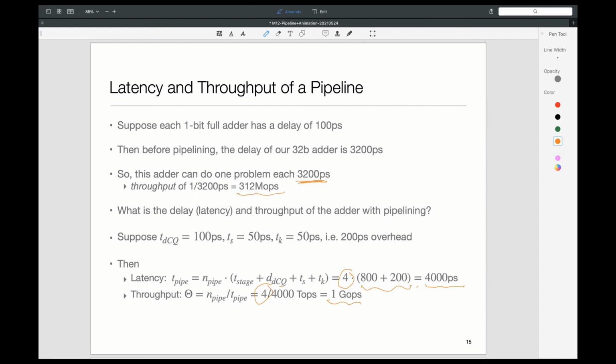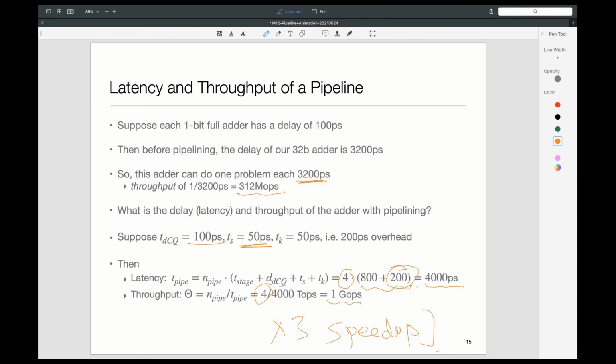So I got a gain of roughly a factor of 3 speedup. I'm not getting a factor of 4, which is what I ideally would have, and the reason is these overheads. Because I put in those pipeline registers, they are eating some of my clock budget, so my clocks are somewhat less than 4 times faster.